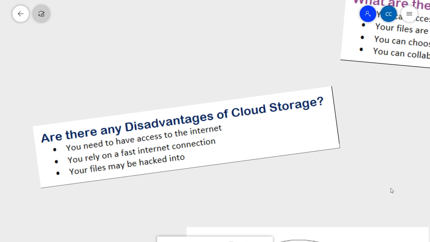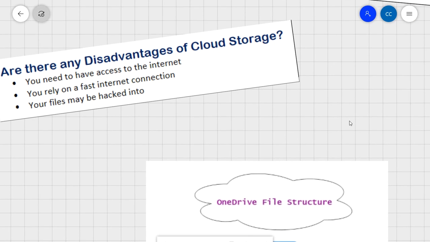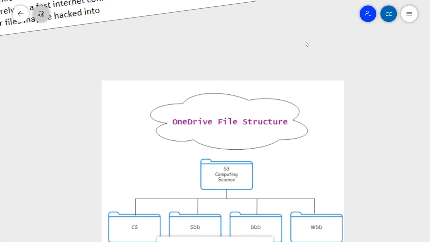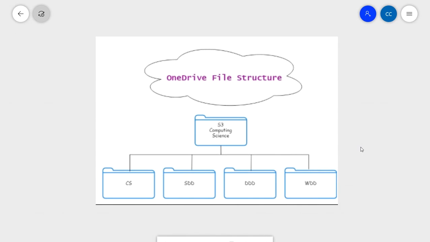Now what we're going to do is you're going to start using your OneDrive storage, and I want you to create a file system within your OneDrive storage for your work. What you see here is a diagram of the storage structure that I'd like you to create.